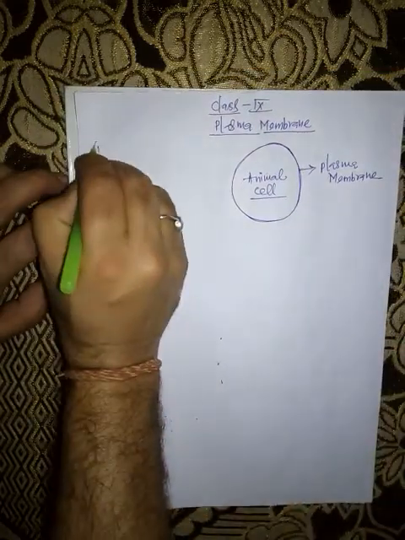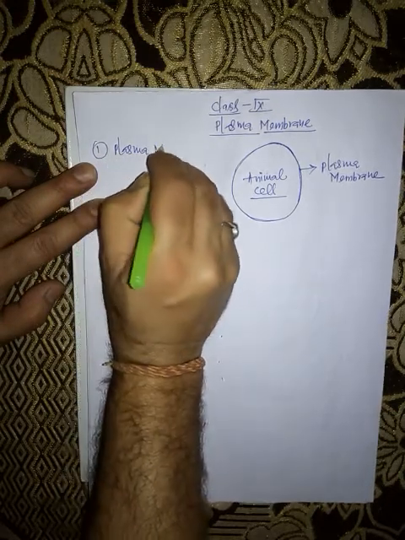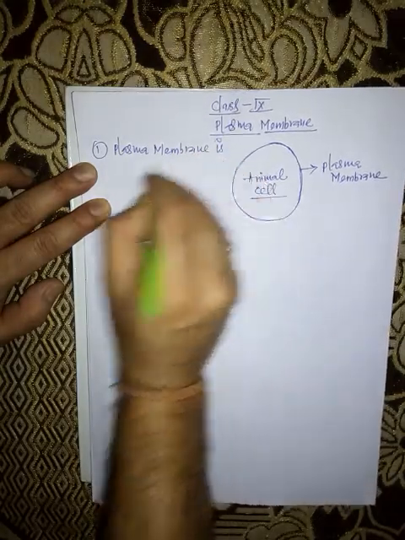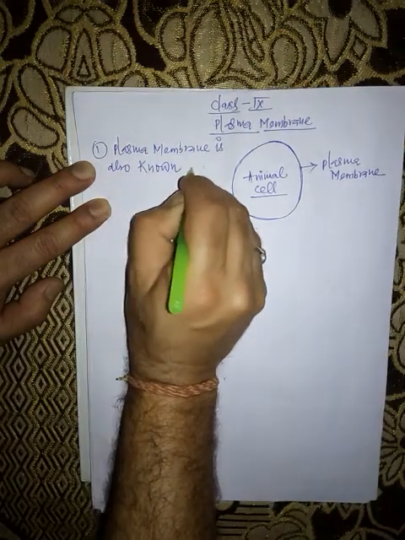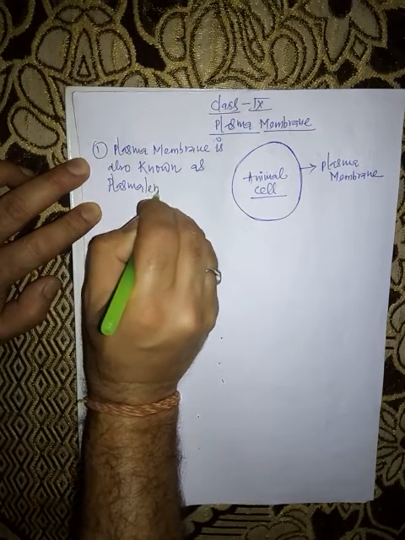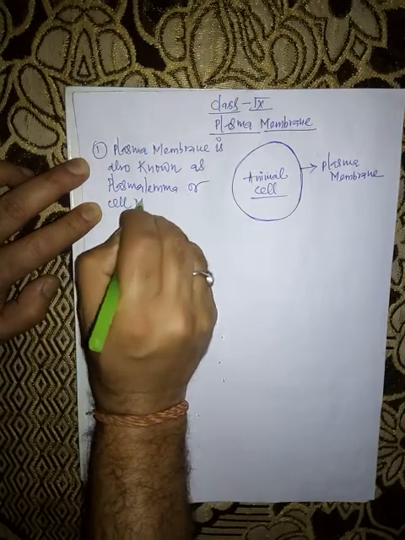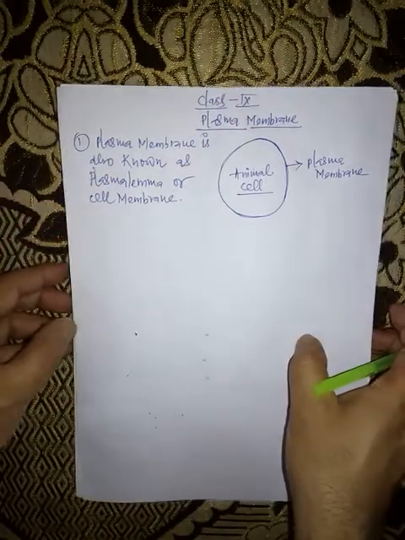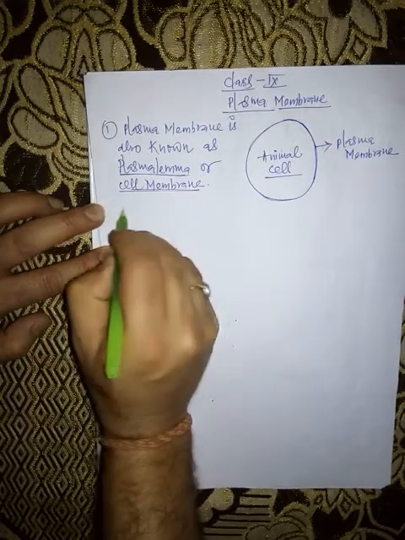So plasma membrane is also known as plasmalemma or cell membrane. It is also known as plasmalemma or cell membrane.